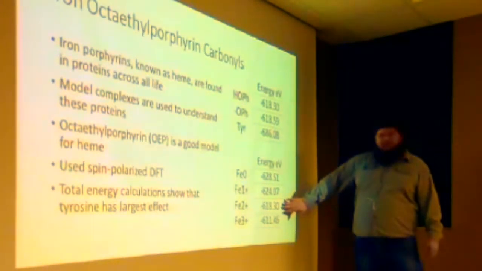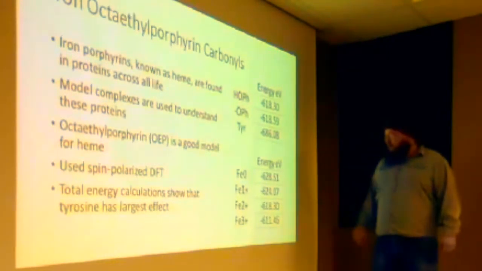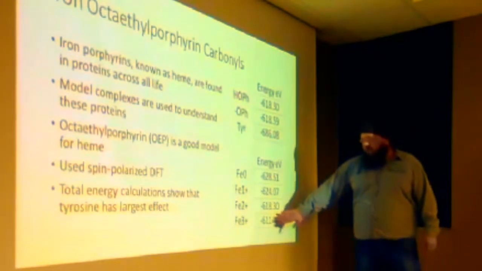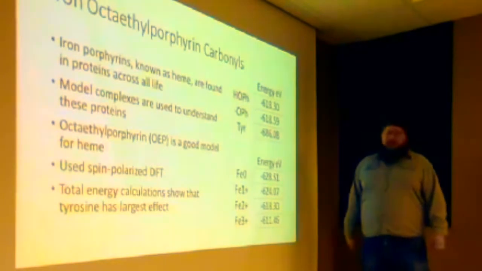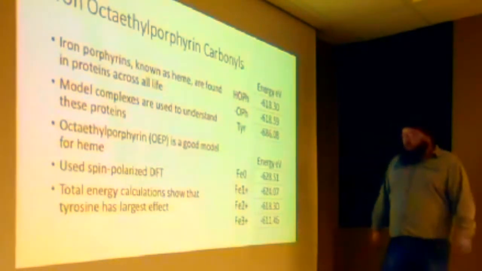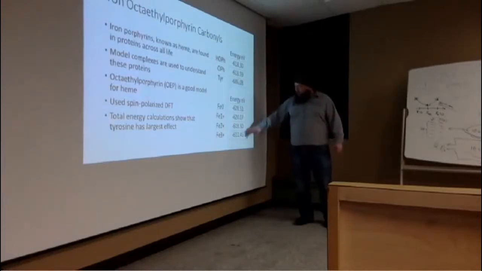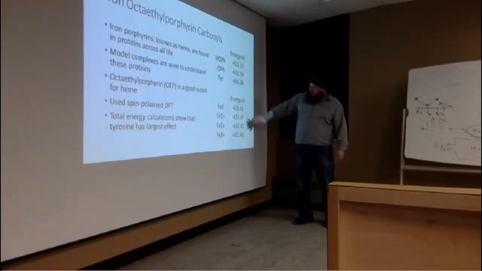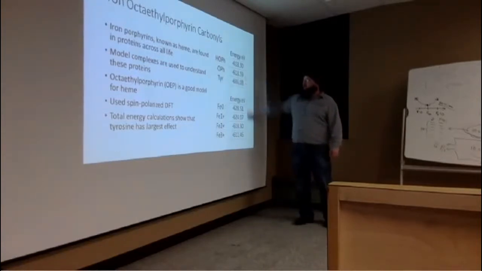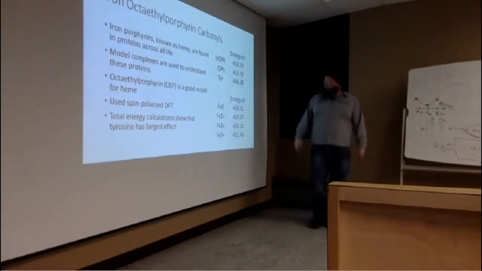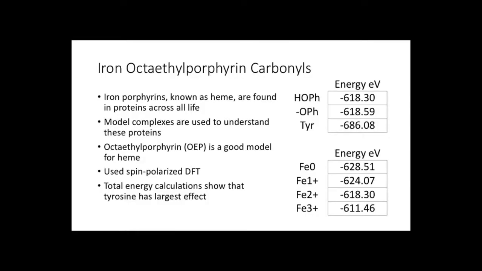Usually carbonyls bind to the ferrous iron state, but they do have some affinity for ferric, and these other states can be accessed through enzymatic activity. So if you're looking over these, there's only a little over 15 eV difference, whereas the difference between these two here is on the order of 70 or 60 or so. So there's a big difference from that tyrosine.